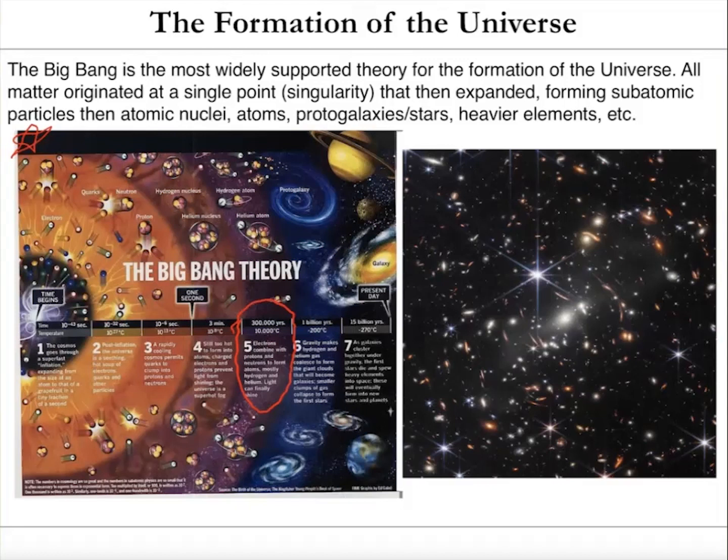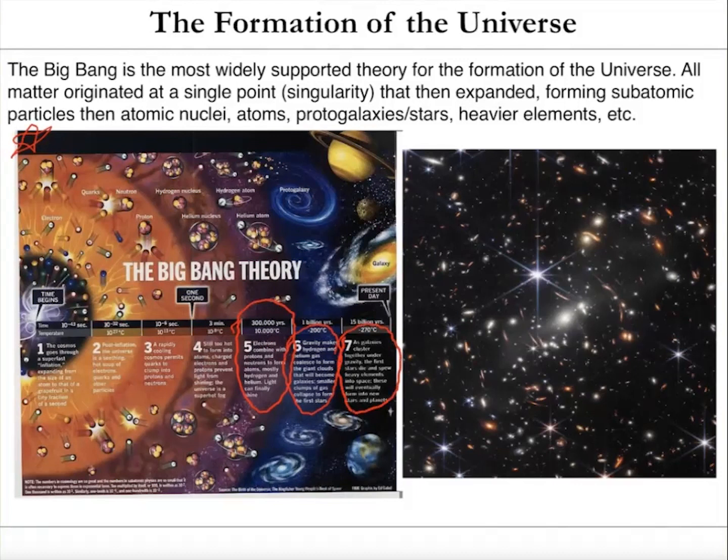So these would eventually coalesce based on gravity into stars and galaxies. And then eventually those stars made out of hydrogen and helium would condense and explode, and this released all the known atoms in the universe. So this brings us to the point we're at right now.